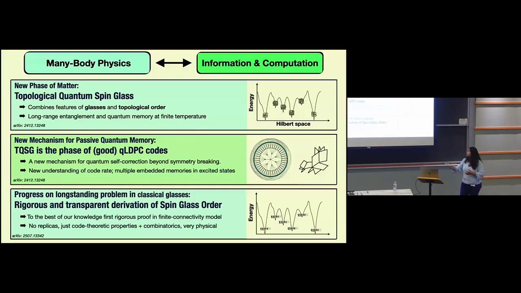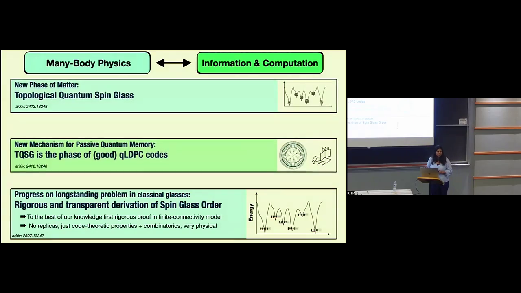Okay, so finite connectivity meaning this LDPC property. And the proof actually did not rely on any of this complex formalism of replica symmetry breaking and so on that makes a lot of the conventional analysis in spin glasses quite difficult to parse. But instead, we just used code theoretic properties and combinatorics, and there's a very physical origin for where the spin glass order comes from.